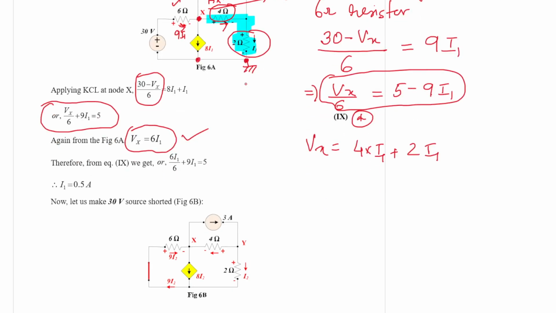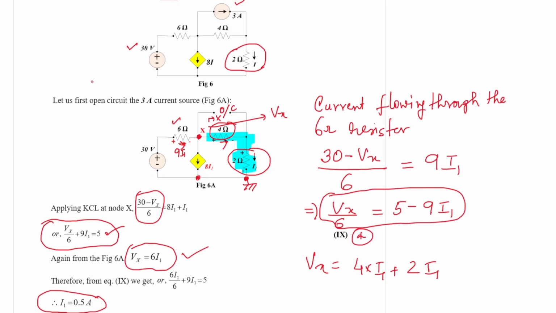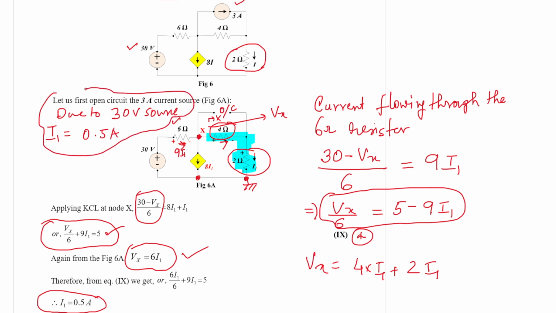Now if you substitute Vx is equal to 6I1 in equation 9, you will get I1 is equal to 0.5 ampere. So due to the 30 volt source, the current I1 flowing through the 2 ohm resistance is 0.5 ampere. We have solved one part, when the voltage source is active and the current source is not active.